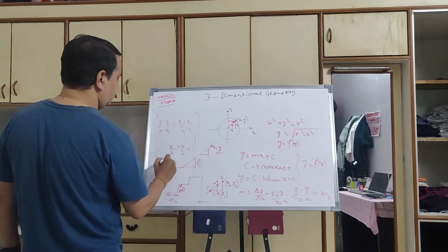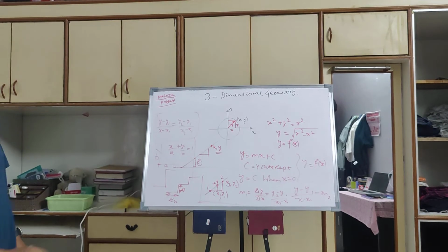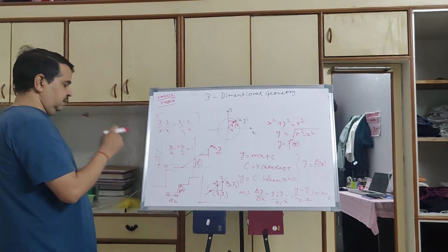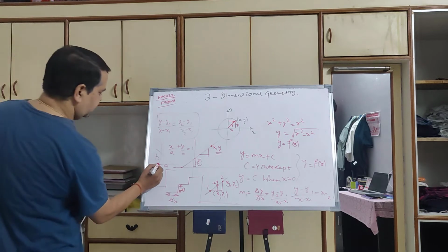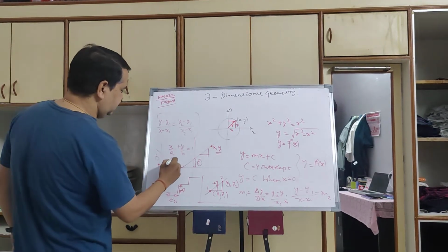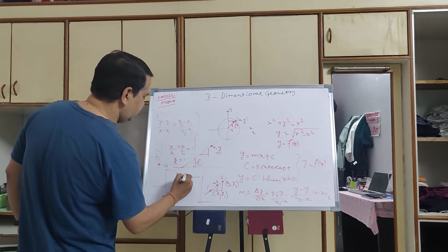Because if you make y equal to 0, at this point, when y is equal to 0, x by a becomes 1, so x will become equal to a.